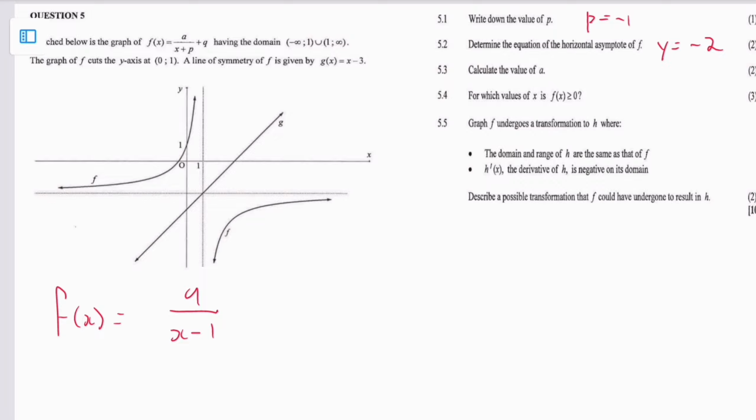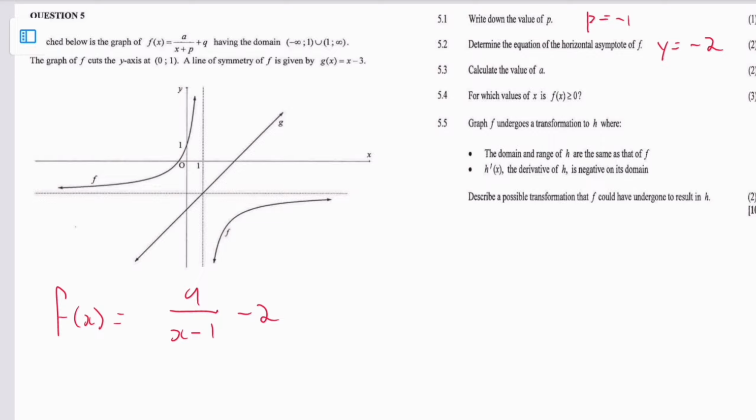Now I just want to note here, the value of q in a graph like this is always equal to the horizontal asymptote. That is just a property of graphs that look like this, right? Usually when you have your standard line or parabola, it'll just be a y-intercept. But in a graph looking like this, the name escapes me, just know that the value of q will be your horizontal asymptote. So that's why q is equal to -2.